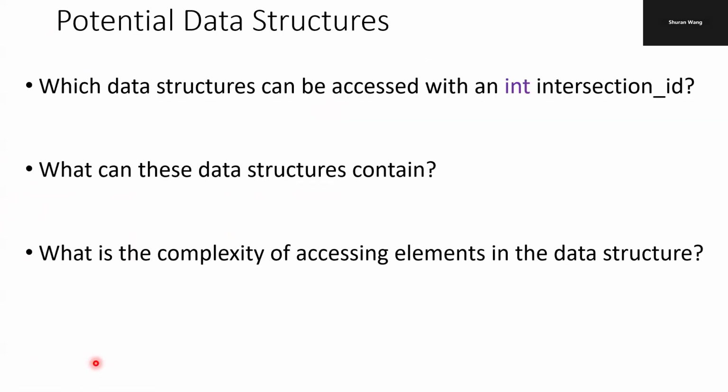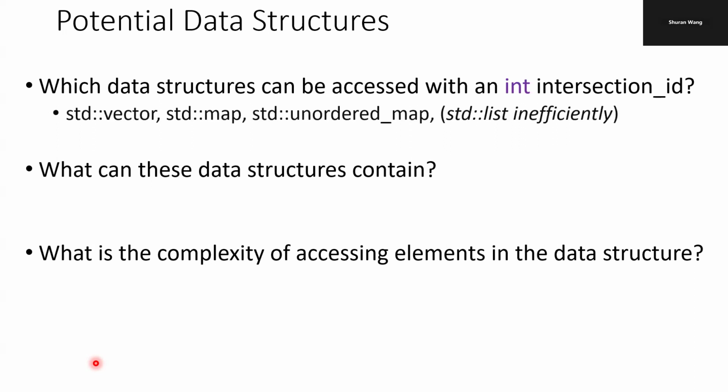Which data structures can be accessed with an integer intersection ID? First thing to consider, which data structures can be accessed with an integer intersection ID? All of them.